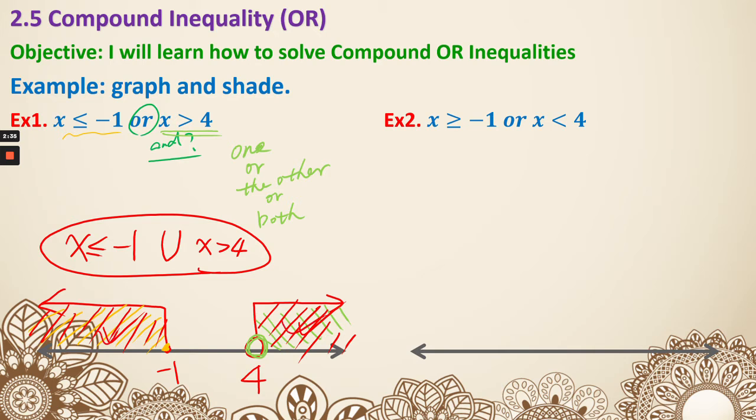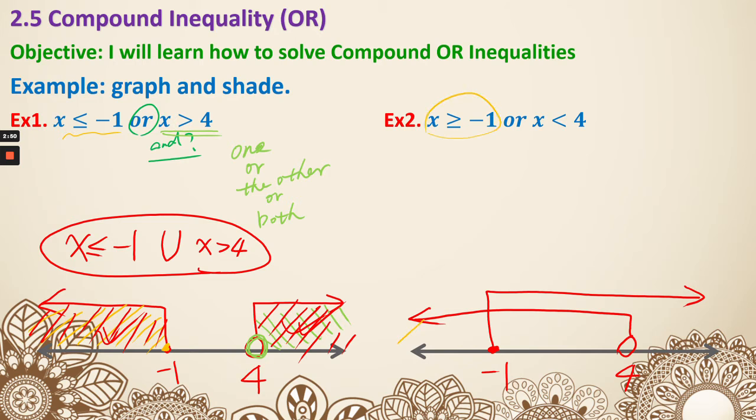Example 2. Same idea. Let's start graphing first. Negative 1 pointing to the right, 4 pointing to the left. And let's start shading again. For the first one, I'm shading everything to the right of negative 1, including the negative 1, and again here just emphasizing including that 4.